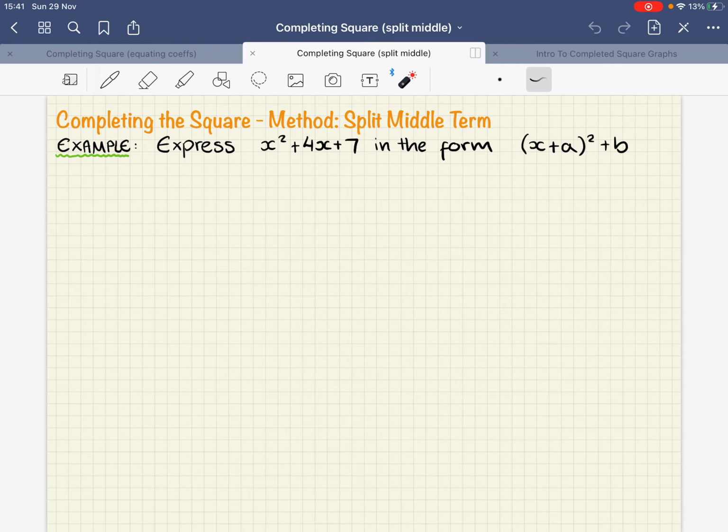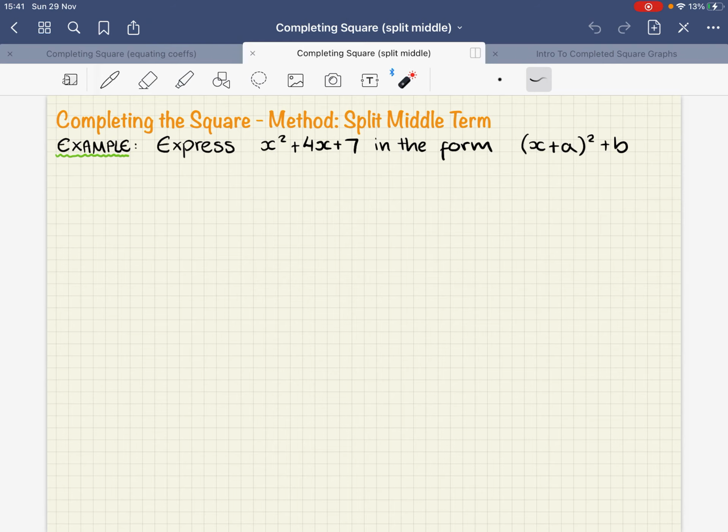So in this video, I'm looking at the method of splitting the middle term. Now, this method is quite easy to get a handle of, and it's nice and straightforward. The big issue is if you have any plan on going on to doing higher maths, you should not learn this method.